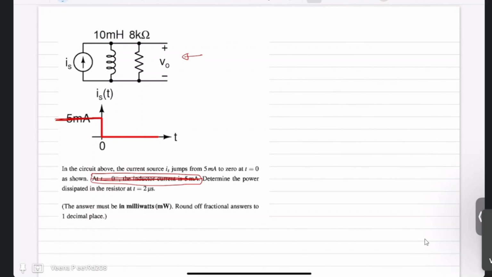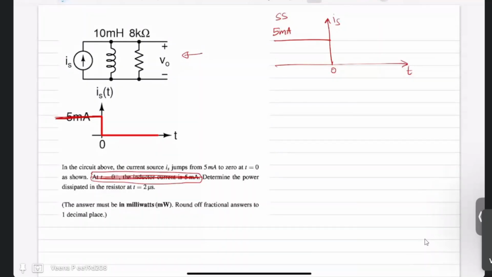How? Because you see your current Is at t less than 0 is 5 milliampere. As I've said before, the circuit has already obtained steady state before switching. Steady state means your inductor now became a short circuit.